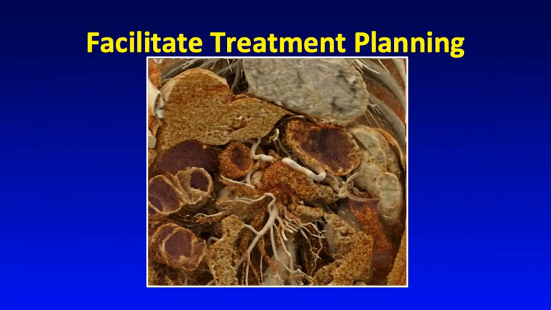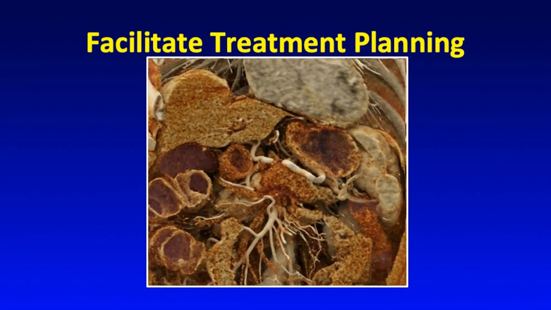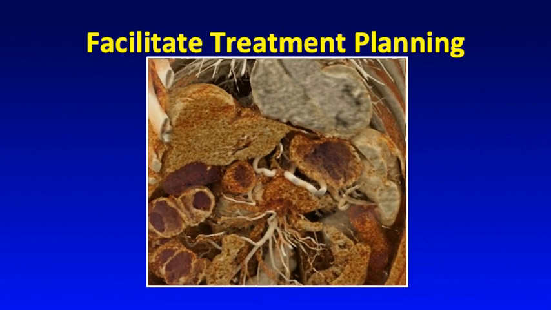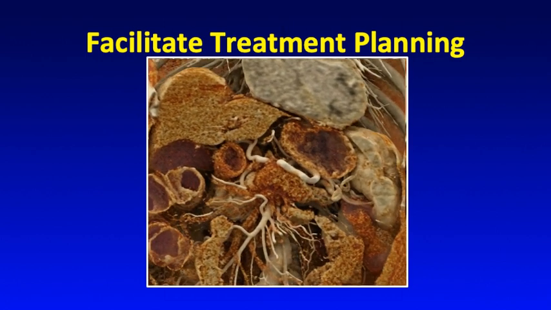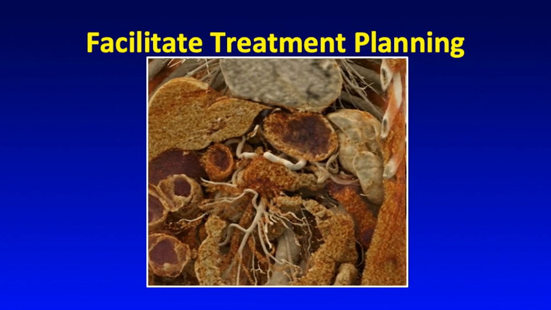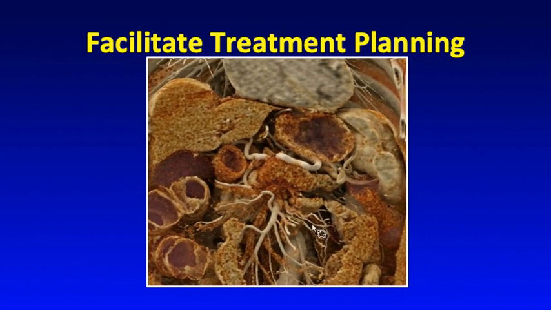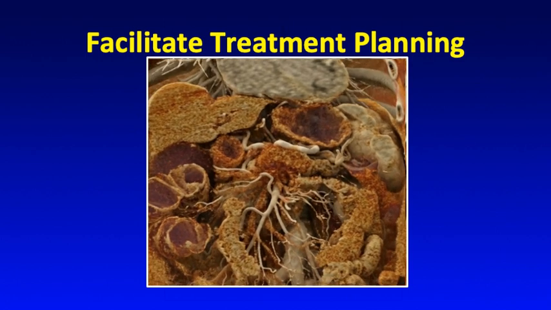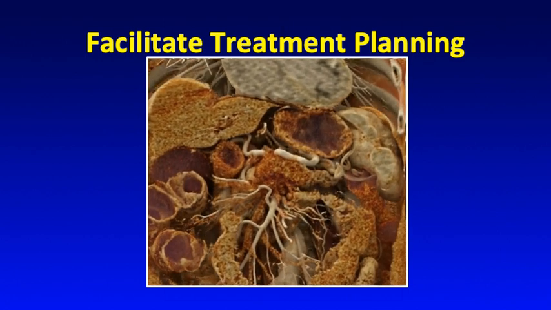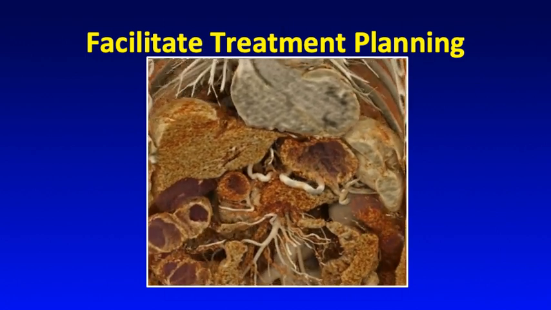And this is another example here with a locally advanced pancreatic adenocarcinoma, and we can see how it's encasing the central mesenteric vessels. The nice thing with the cinematic rendering is we can also show these in movies, and we can turn them around in different angles so that the surgeons can get an appreciation.